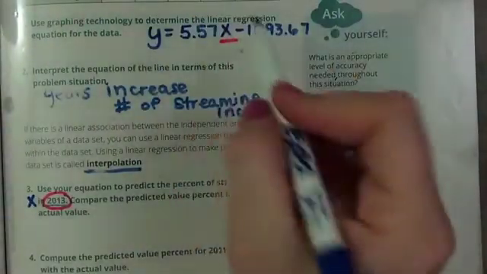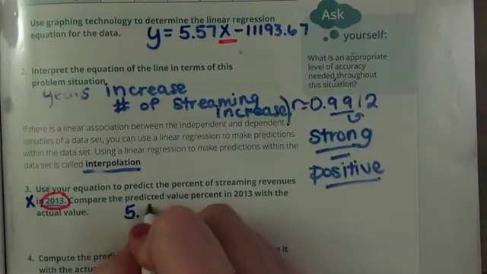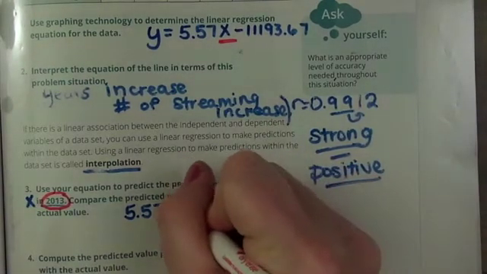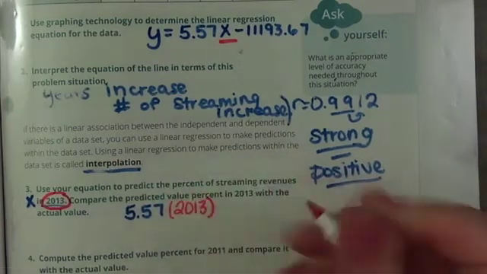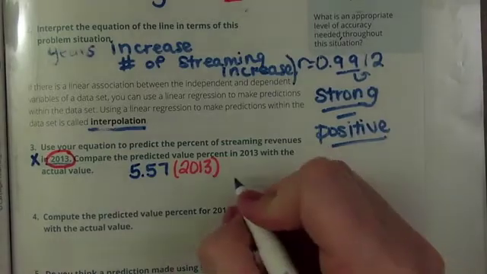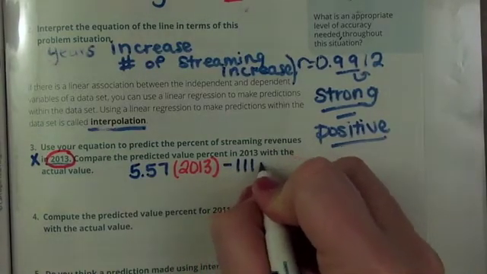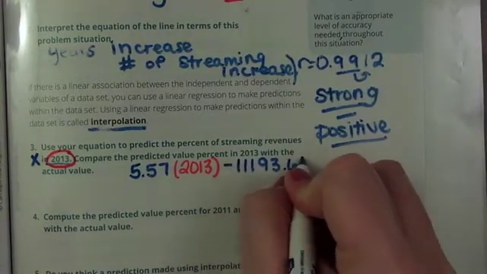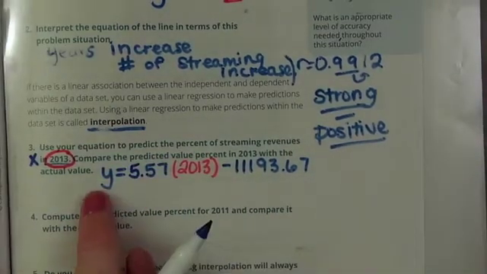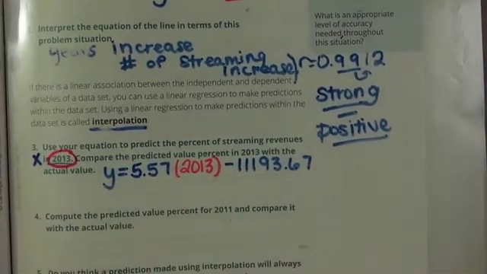I'm going to use blue because that's what color I wrote the equation in. So 5.57 times parentheses 2013. That's the x value they just gave us. Minus 11193.67 equals y. We don't know this. That's what we're trying to find.